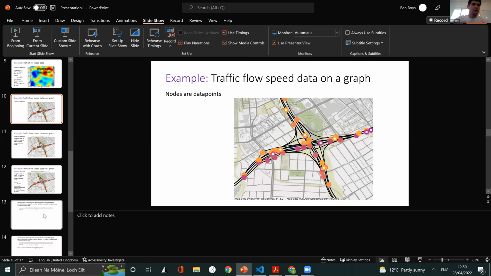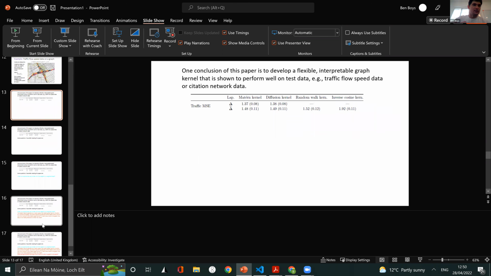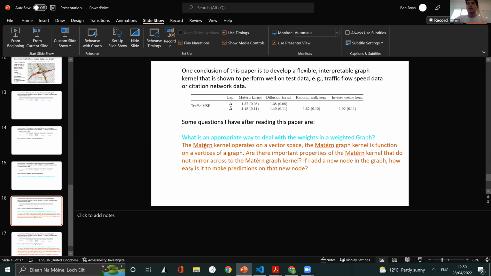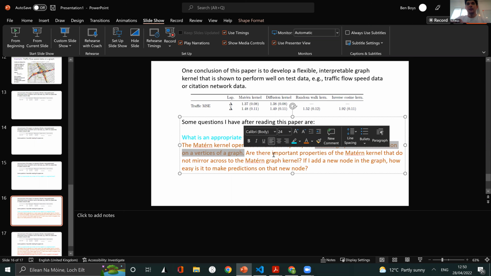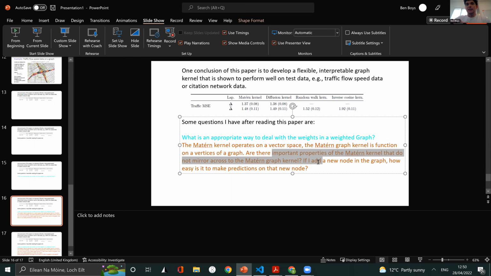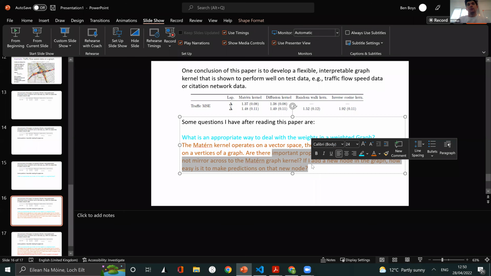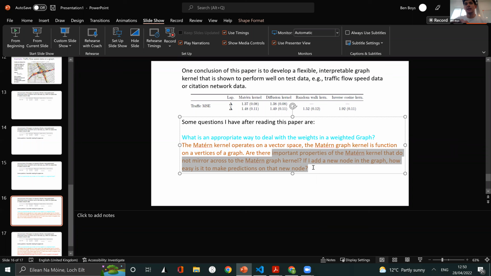So back to the comments I had on the paper. Yes, the Matern kernel operates in a vector space, but the Matern graph kernel is a function on vertices of a graph. Are there some important properties of the Matern kernel that don't mirror across to the Matern graph kernel? And if I add a new node in the graph, how easy is it to make predictions on that new node?